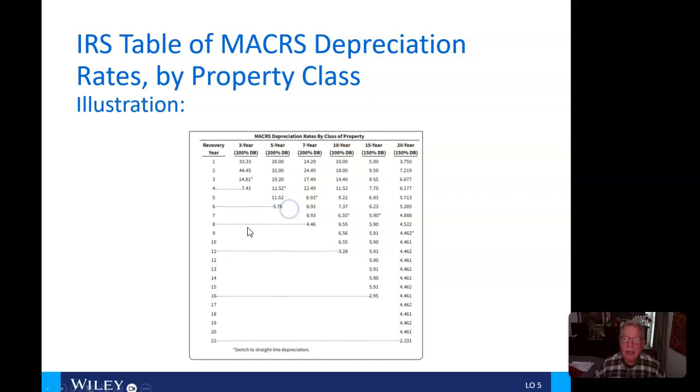Now, the other thing that's true about this is that when it gets to a certain point, it flips over from accelerated double declining balance to straight line depreciation, which you can see with these asterisk items here. So it's an interesting schedule from that standpoint.